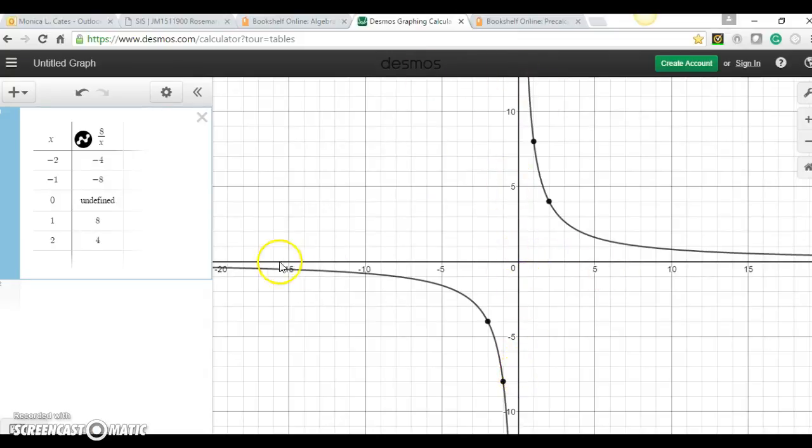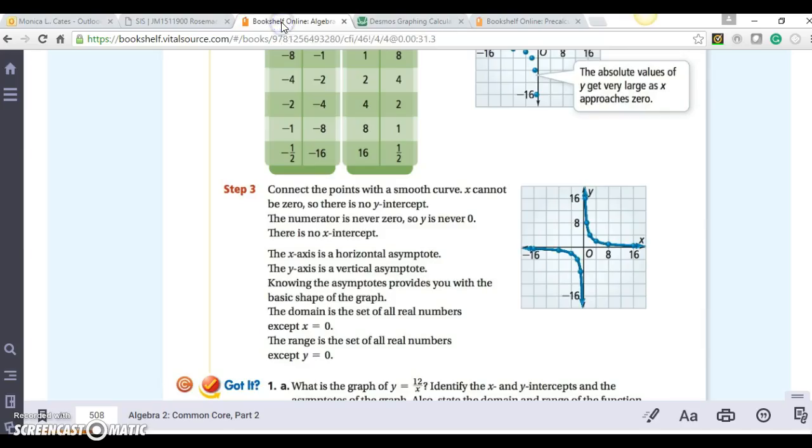And the y-axis is the vertical asymptote. Knowing the asymptotes provides you with the basic shape of the graph. So I know that I'm going to get closer and closer to y, and closer and closer to x. And notice that the values are going to get smaller and smaller.